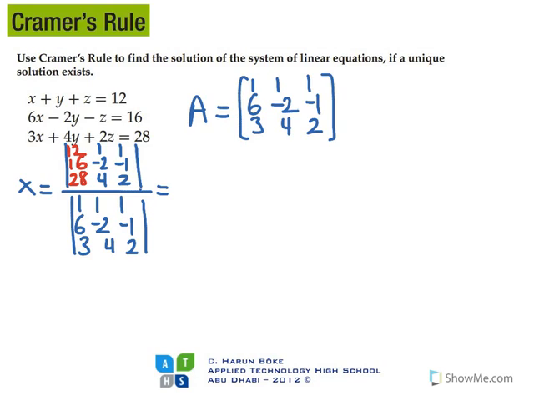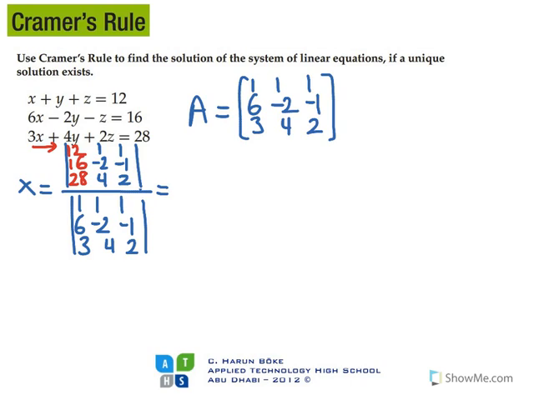And how I'm going to calculate is as follows. I will write the elements in the first row to be the coefficients, and I'm going to calculate the remaining 2 by 2 determinants as follows.